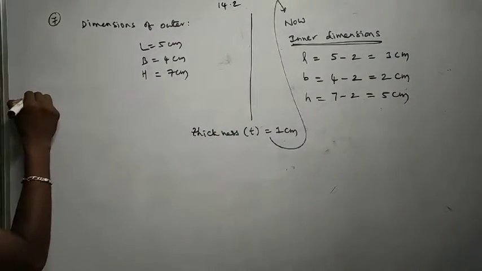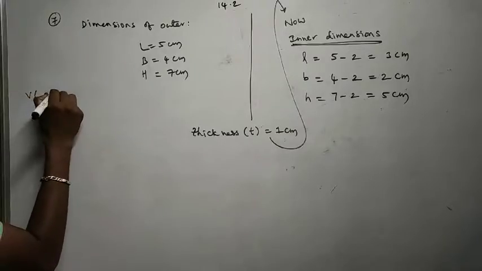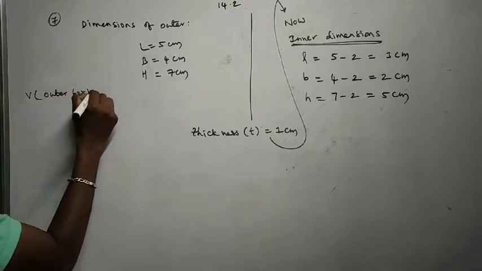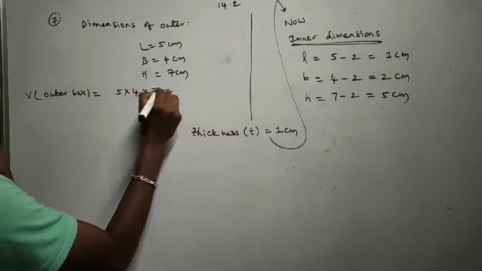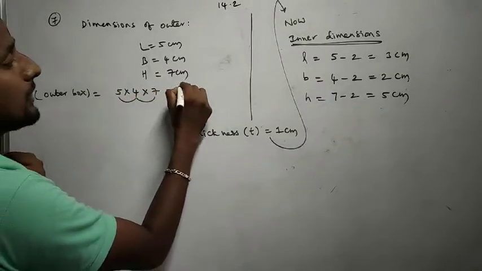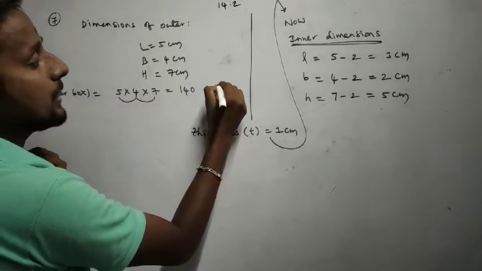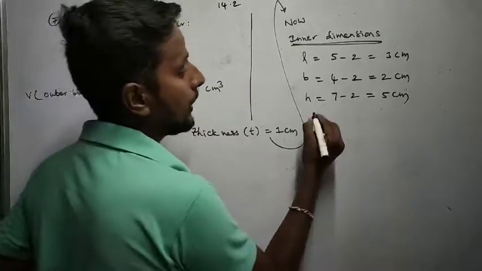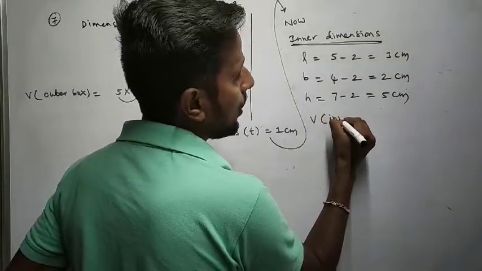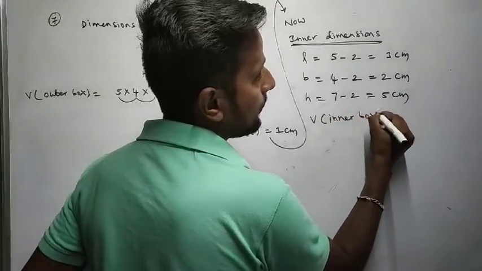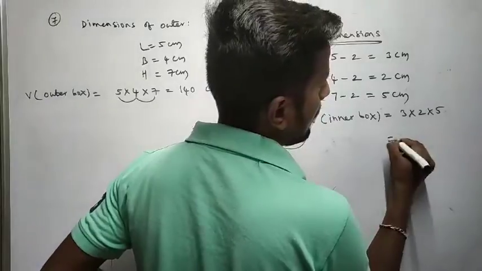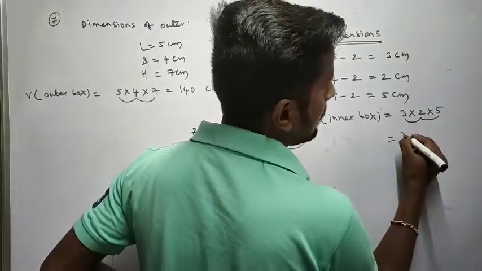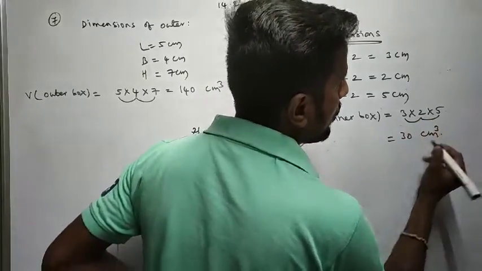Now the volume of the outer box is equal to 5 into 4 into 7. 5 4s are 20, 20 7s are 140 centimeter cube. Yes. Now here we'll calculate the volume of the inner box. 3 into 2 into 5. 6 5s are 30 centimeter cube.